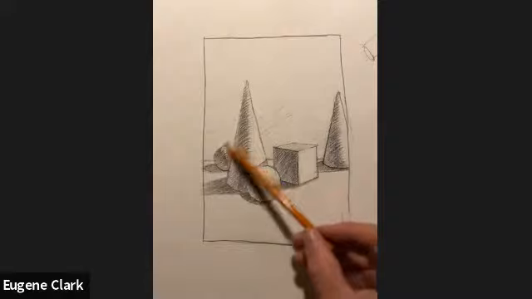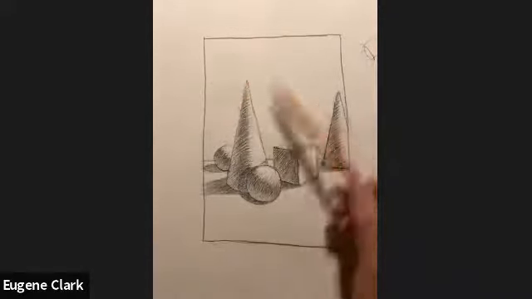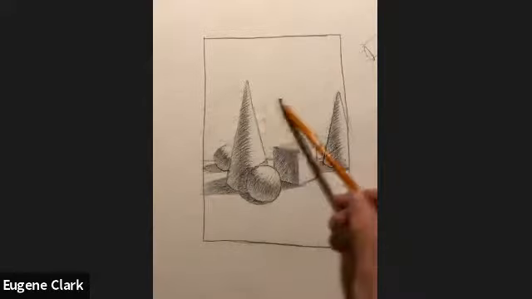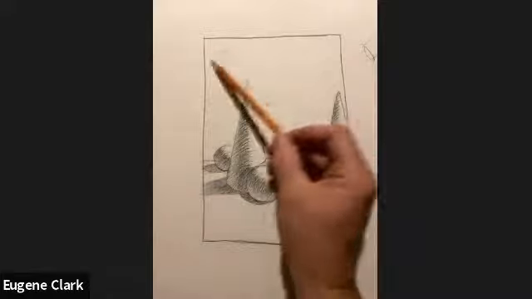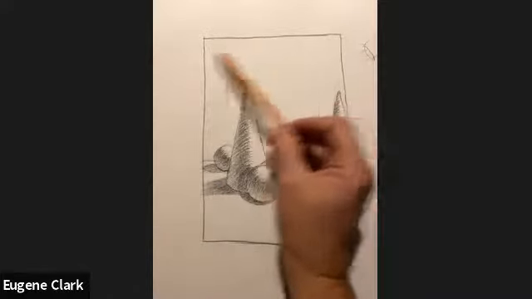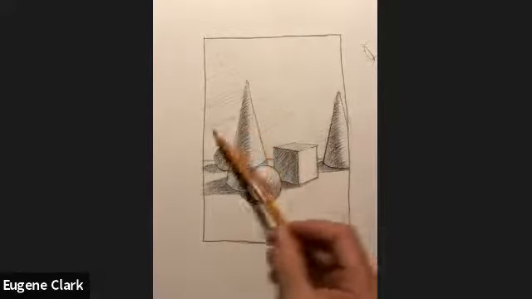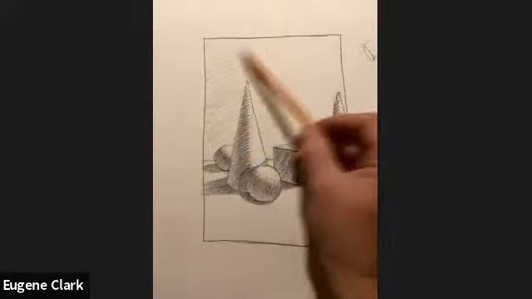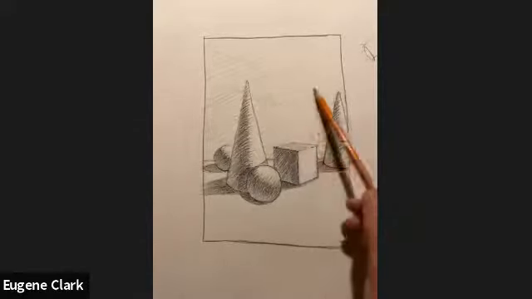And what that does is it just sort of takes away all of that stark light value and helps to emphasize the direct light and indirect light that's on our objects.